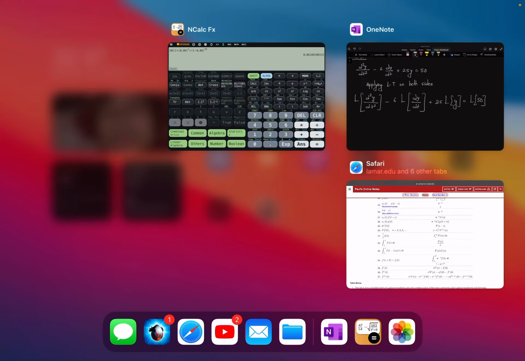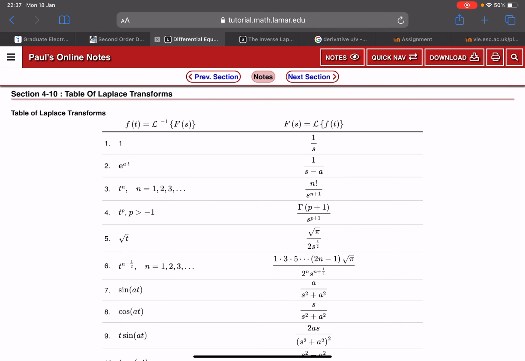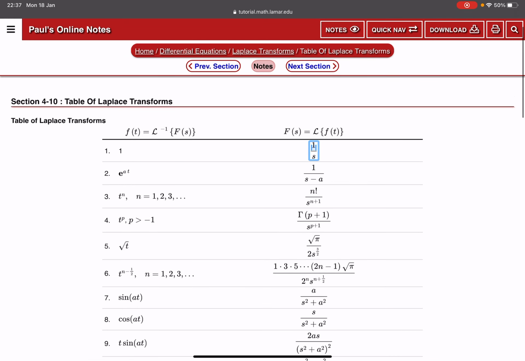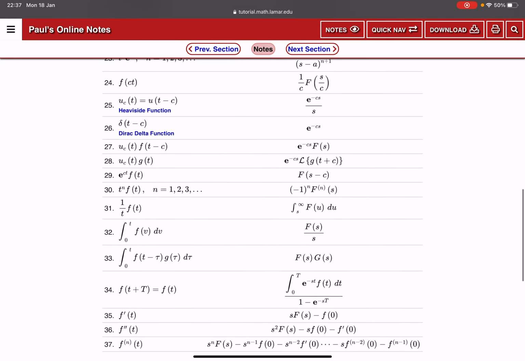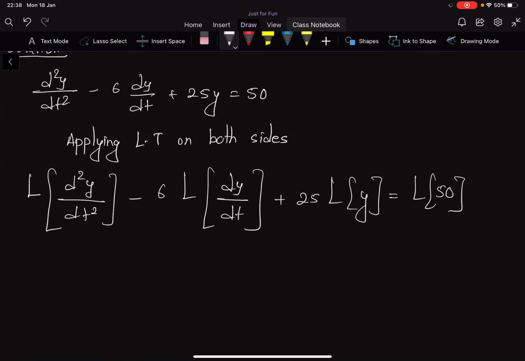The formula we have to use, as I said, is number 1. Number 1 is for a constant: the Laplace of a constant is constant over s. Going back to 35 and 36, the prime refers to the first order derivative, and 36 is the second order derivative because it has two primes. Those are the formulas for the first and second order derivatives. The formulas are written in terms of f, so let me write them here in terms of y.